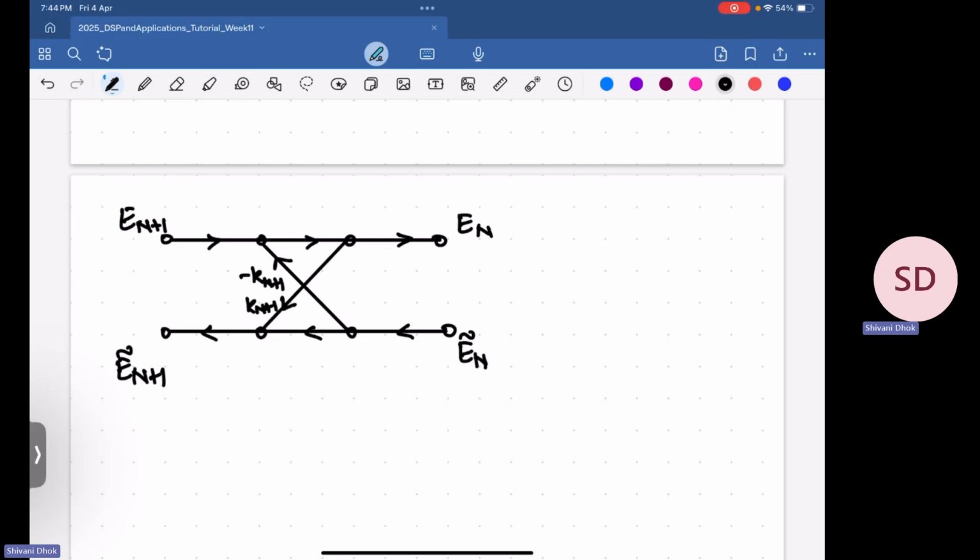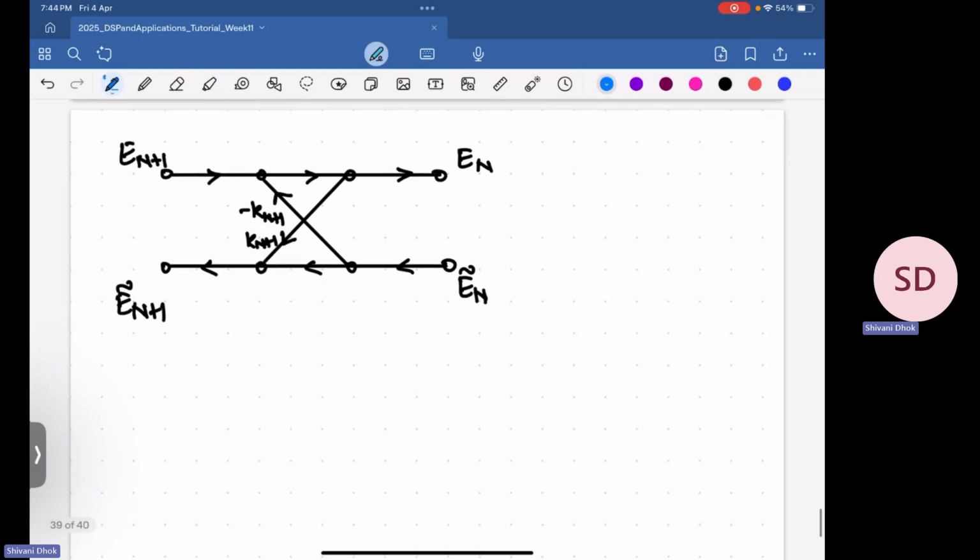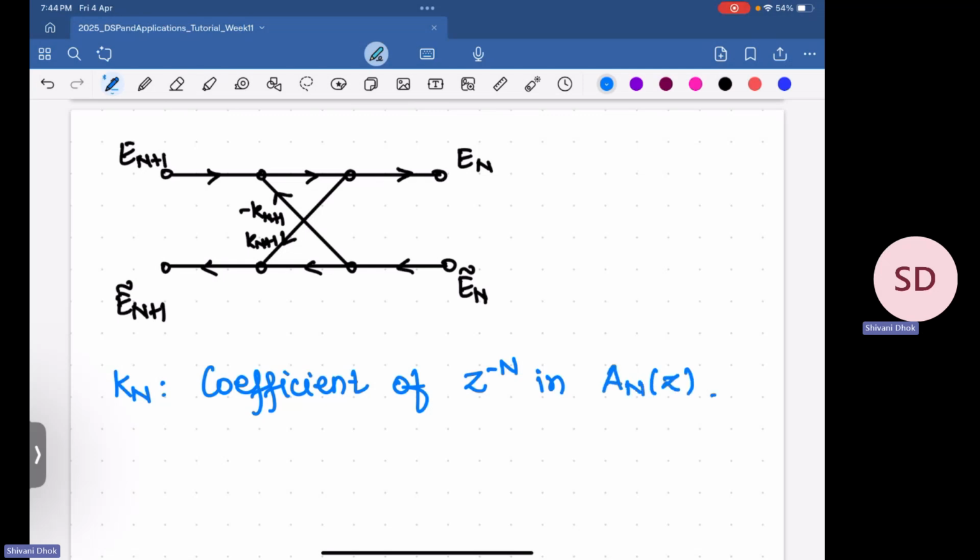Okay, so this is the repetitive structure that we will be using, and this Kn is the coefficient of z to the power minus n in An of z.